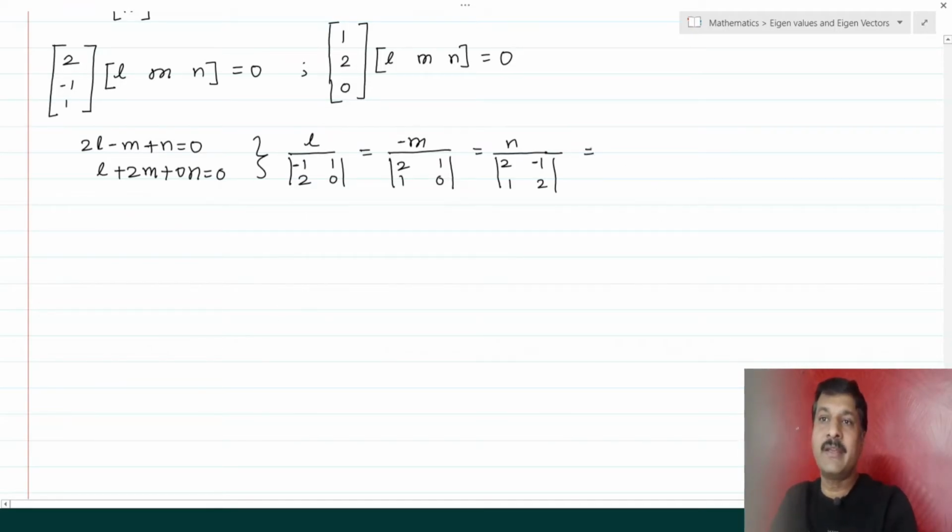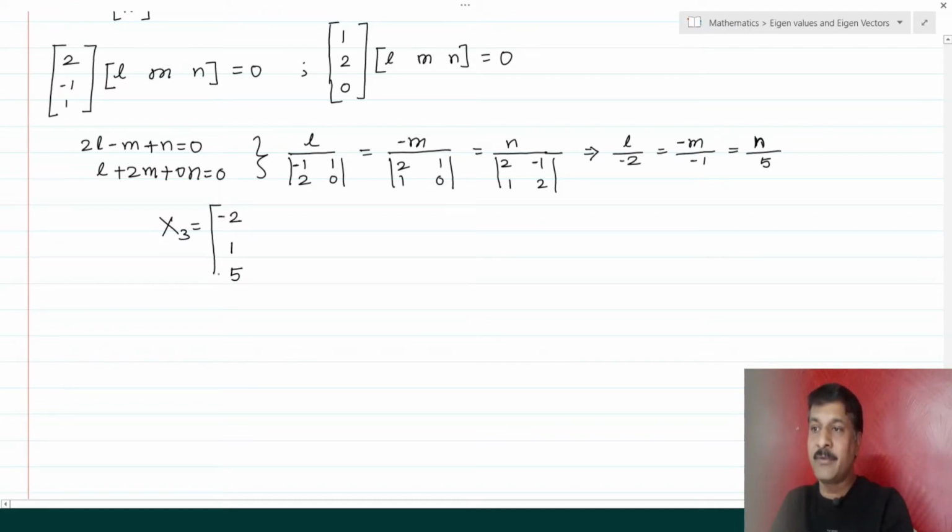I am getting L upon 0 minus 2, minus m upon 0 minus 1, and n upon 4 plus 1, which is 5. So what is x3 there? It is L, m, n. You consider the least values. So I am getting minus 2, 1 and 5.